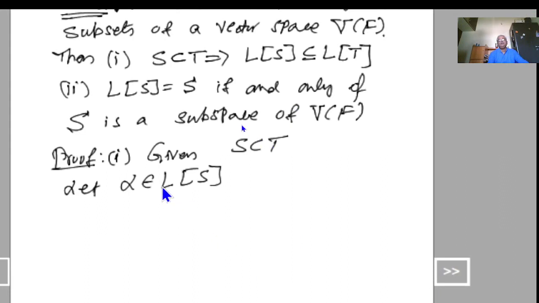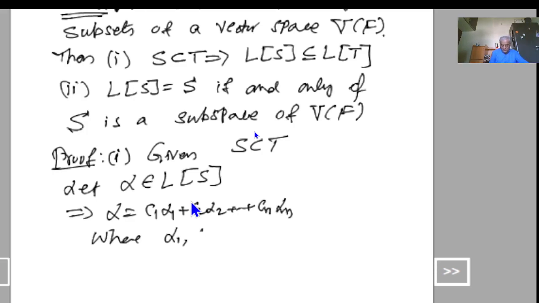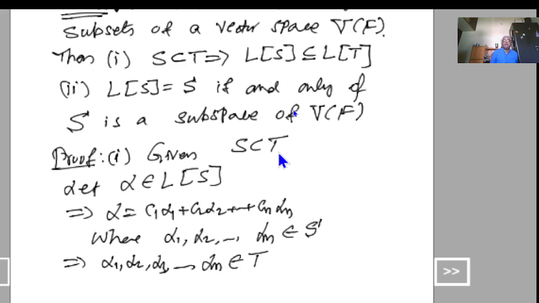It is the set of linear combinations of the elements of S. This implies alpha equals C1 alpha 1 plus C2 alpha 2 plus up to Cn alpha n, where alpha 1, alpha 2, alpha n belong to S. Now given that S is a subset of T, every element of S must be an element of T. So these belong to S, therefore they must belong to T. This implies alpha 1, alpha 2, alpha 3 up to alpha n also belong to T.